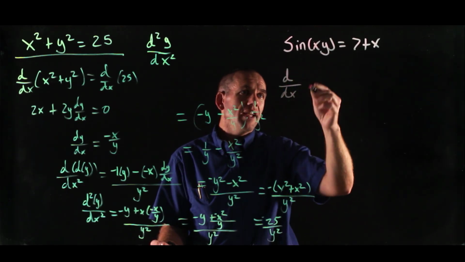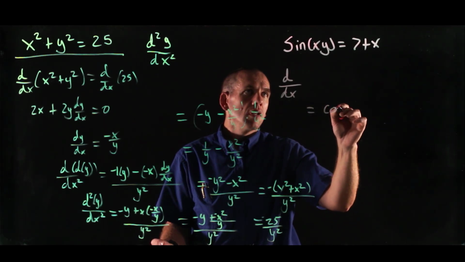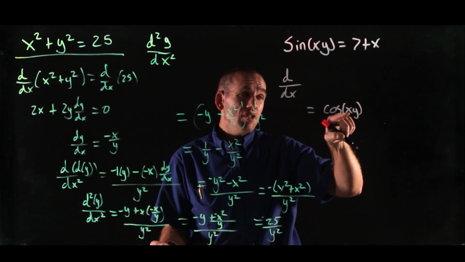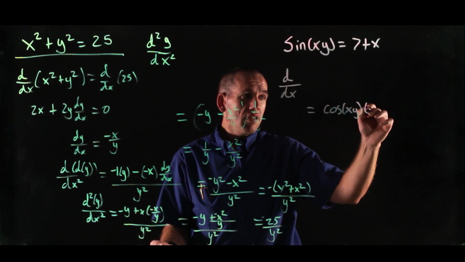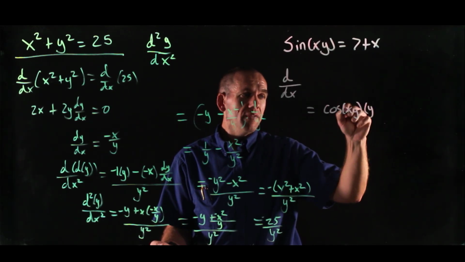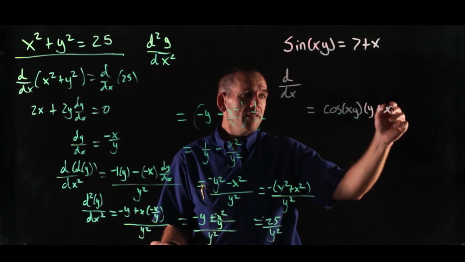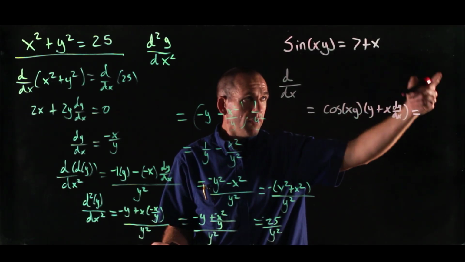So the derivative of sine is cosine, and then we have xy. And then we have this inner function, so we've got to do product rule: the derivative of the first, which is x, times the second, which is y. The derivative of x is 1 times y is y, plus the first, x, times the derivative of the second, dy dx, equals, we've got to do the derivative of that side.